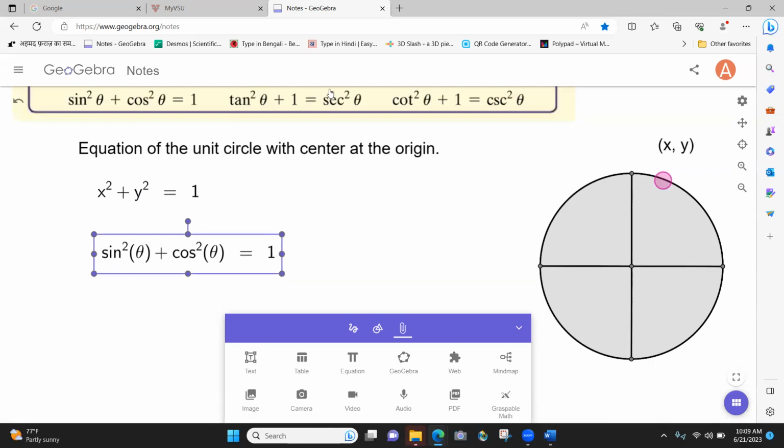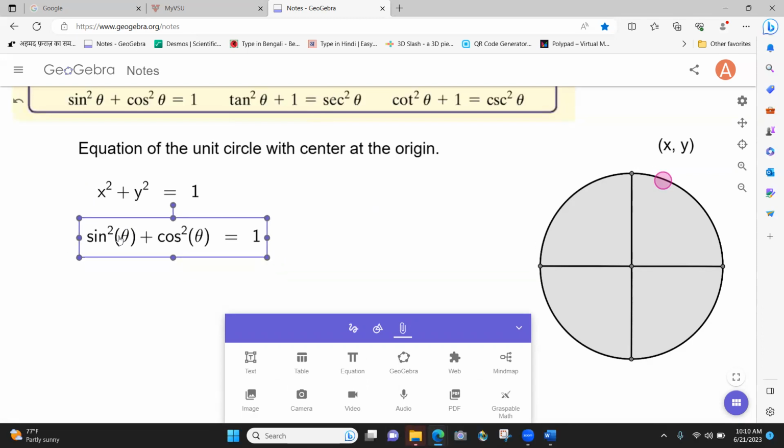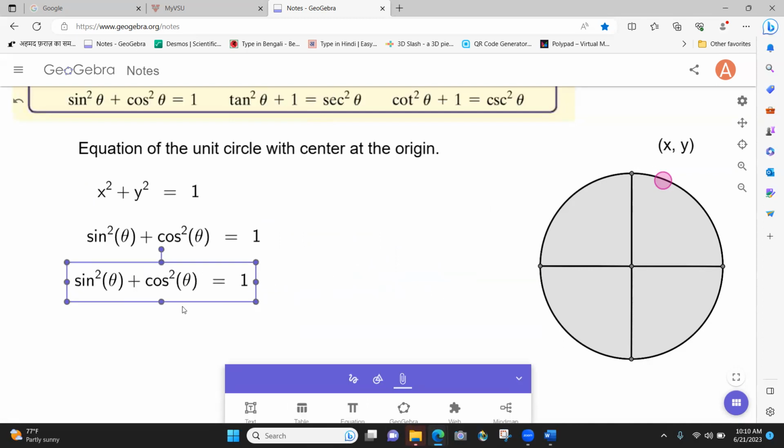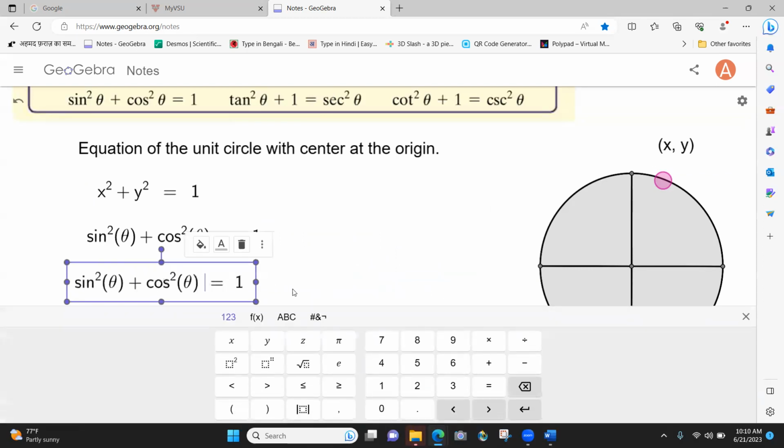All right. Now, how do you get this? Well, that's easy. You divide both sides by cosine squared theta. You can do that, right? You can divide both sides by anything as long as it's not 0. So I'm going to divide both sides by cosine squared theta.